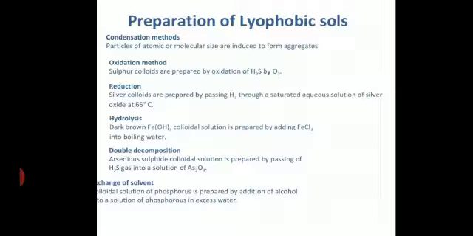There the smaller molecules join together and form bigger molecules. Here, bigger molecules means of the colloidal size, not the suspended size. That is called condensation or aggregation method. Now next is the oxidation method.